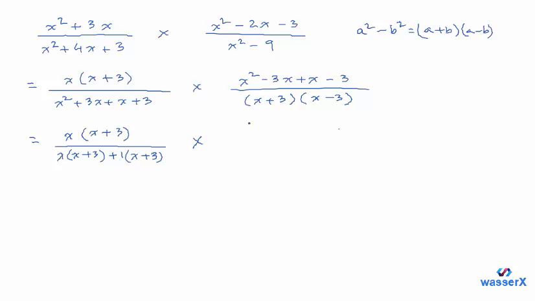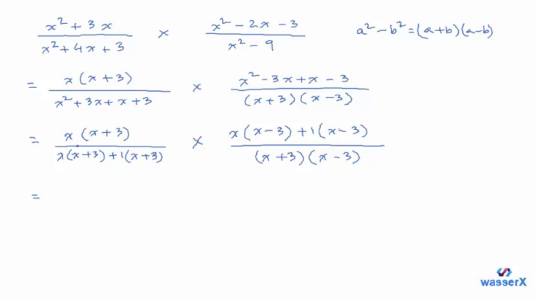Multiplied with x squared minus 3x, that's x times x minus 3. Again, a plus 1 because the common factor between x and negative 3 is 1, times x minus 3 over x plus 3 times x minus 3.